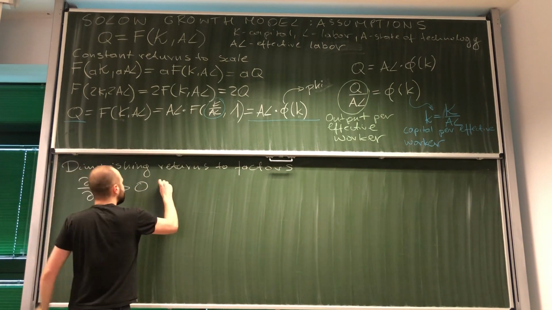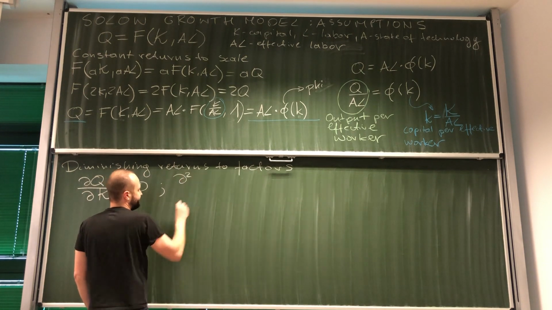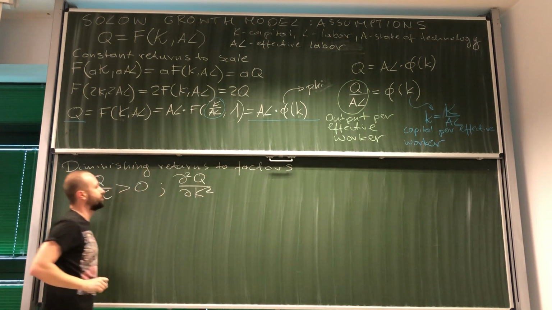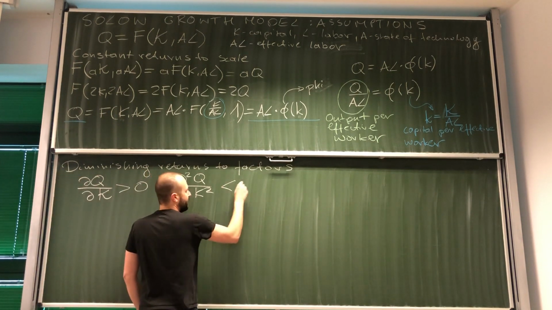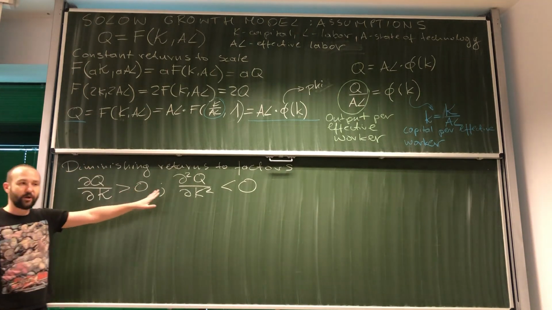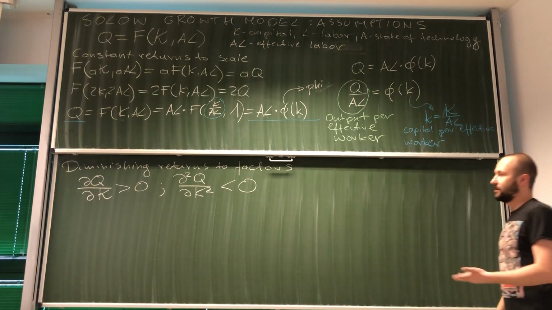But then we should also make another assumption, which says that the second partial derivative of Q with respect to capital is negative. What does this imply? This implies that the level of production is increasing, but is increasing slower and slower and slower.